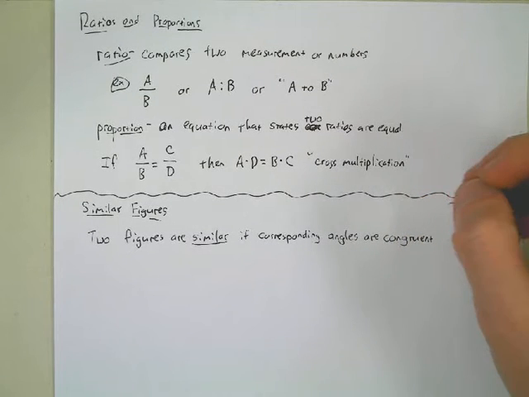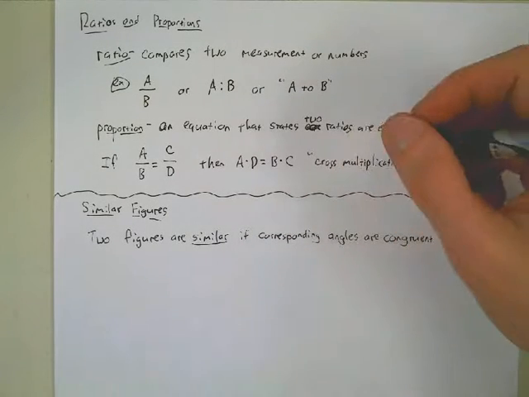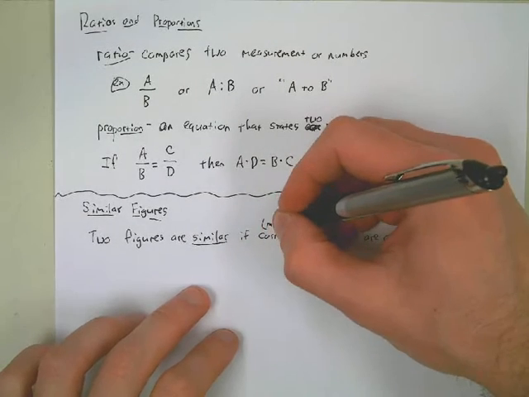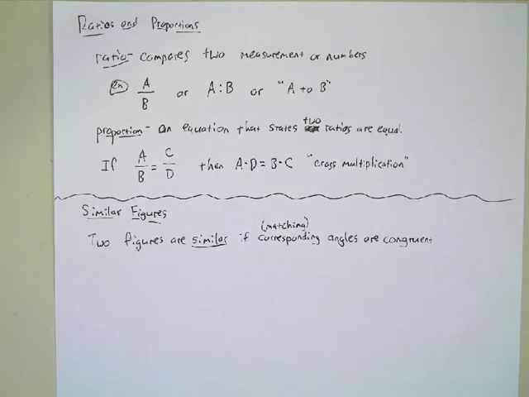Okay, corresponding angles are congruent. Remember, when we see corresponding, that just means matching. If you want to put that up there to remind yourself, corresponding just really means matching angles are congruent.